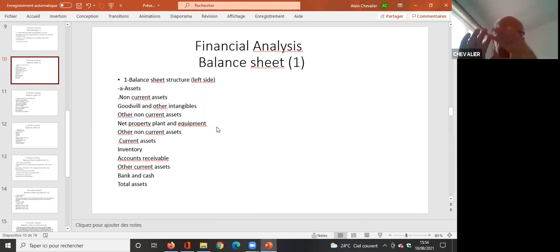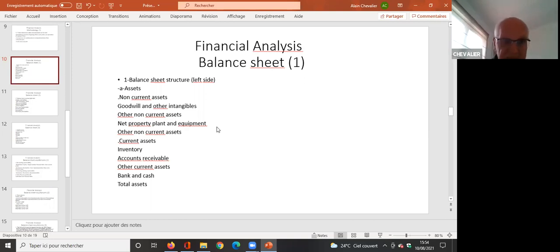Be very careful. The order can be different according to the countries. The American way and the European, for example, are opposite.